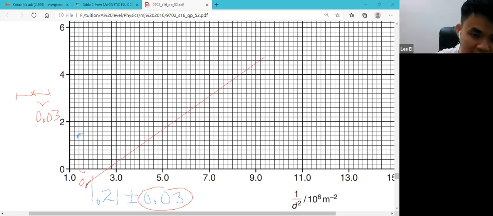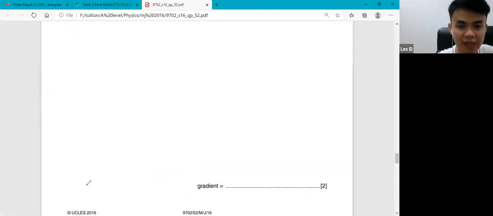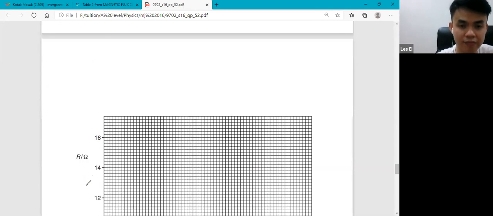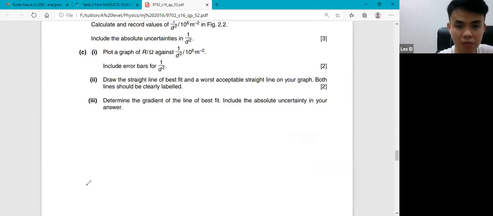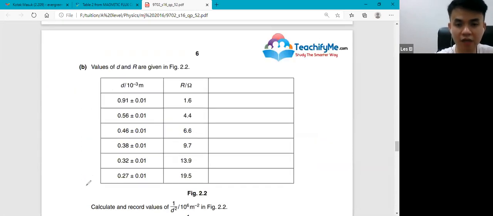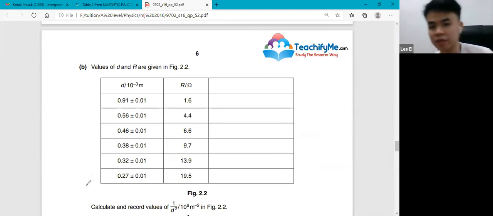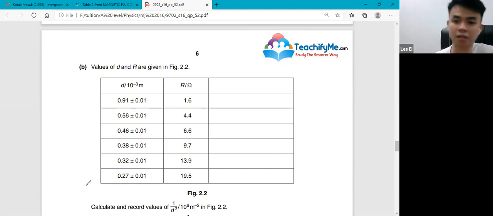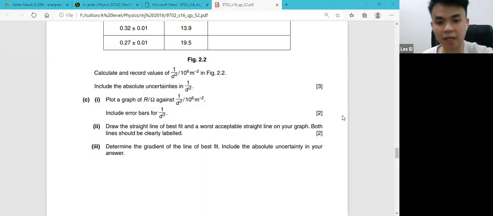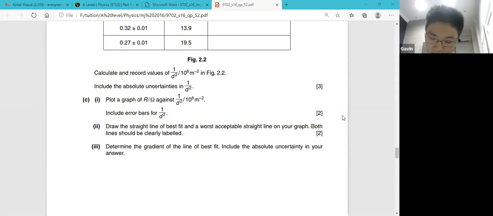Maybe you can only do around half a box. It's kind of difficult to draw for this data, I mean, but probably for the others it will be easier. Just now you have many rows to fill, right? I haven't calculated the others, so I will give you some time to calculate and write down the results first. Do you have any questions that you want to ask? Draw the best fit line and the worst acceptable line. Yeah, okay, I'll wait.